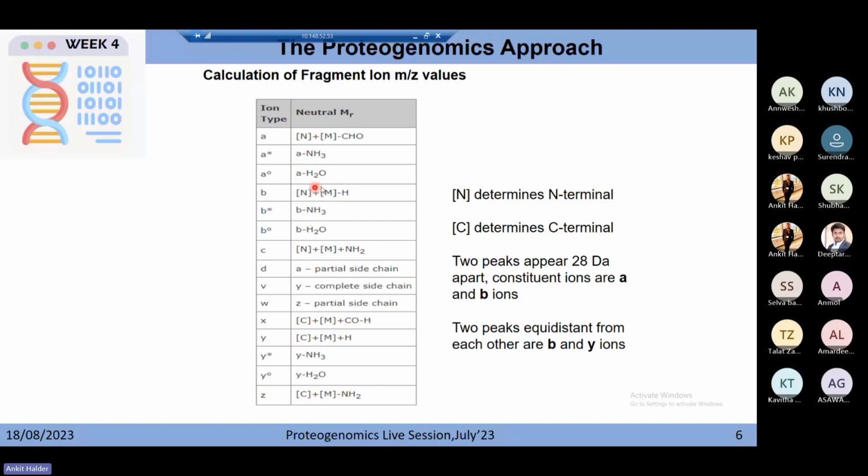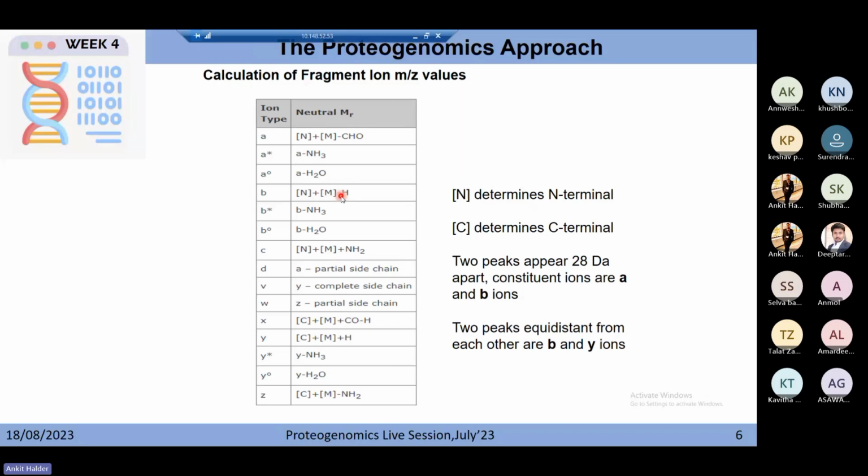If you find a monoisotopic mass of something minus 18 for H2O, then you have to understand that that particular amino acid has lost water, H2O, and then you can find out.